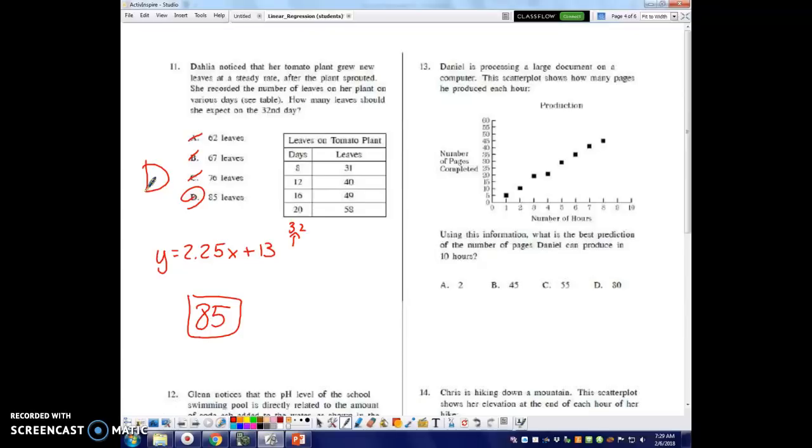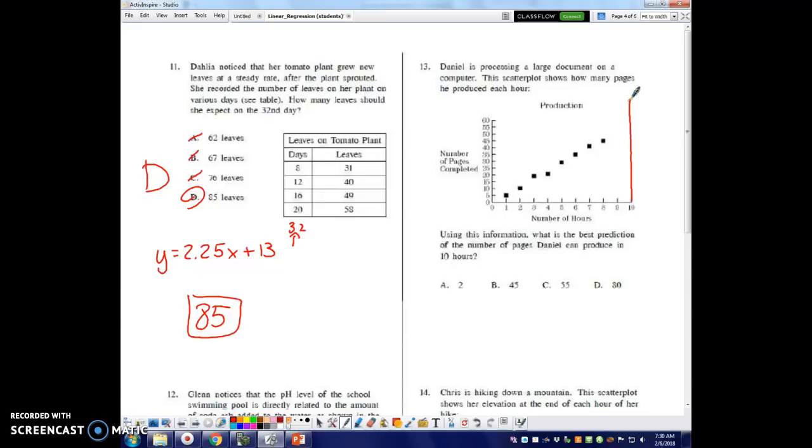13. Daniel is processing a large document on the computer. His scatter plot shows how many pages he produces each hour. Using the information, what is the best prediction of number of pages Daniel can produce in 10 hours? Okay, so we have up until about 8. So they want to know at 10, what's the best prediction?